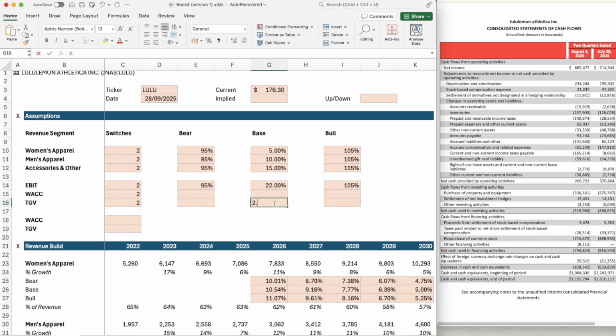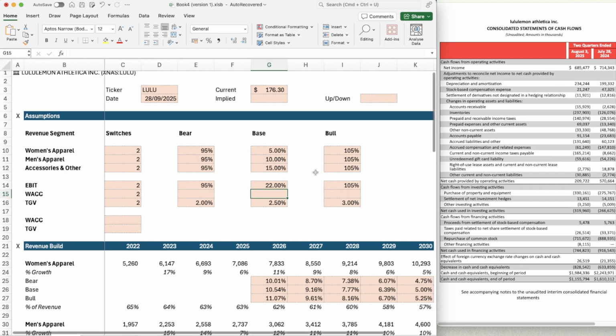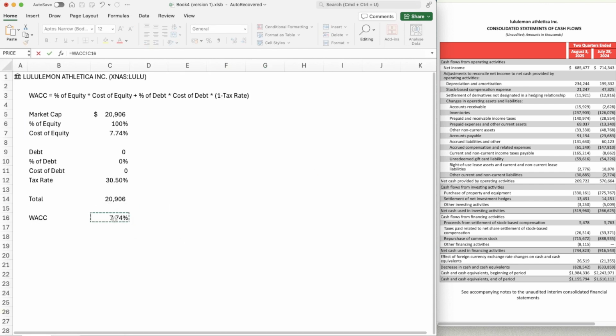The terminal growth value, most people usually put in 2.5%, but never let this number be more than GDP growth. For the bear case, put it as this one minus 0.5%, and you put the base plus 0.5% for the bull. Then the WACC, we have our WACC here, so equals WACC.